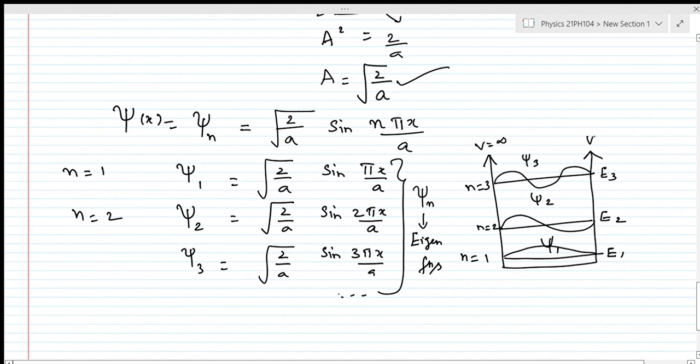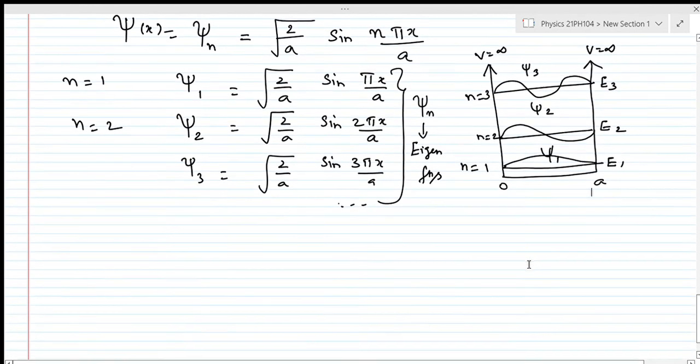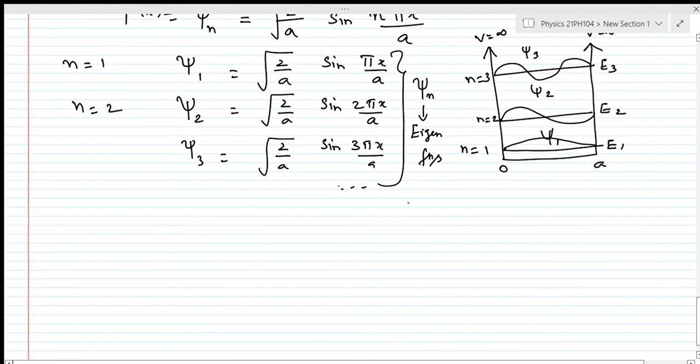So this represents the diagrammatic representation of a particle moving freely in a one-dimensional box of width a. What is probability density? Modulus of psi squared, mod psi squared. Here the diagrammatic representation of mod psi squared can be drawn as follows.